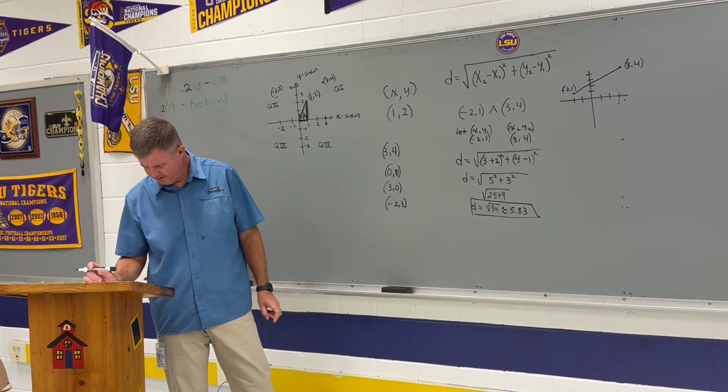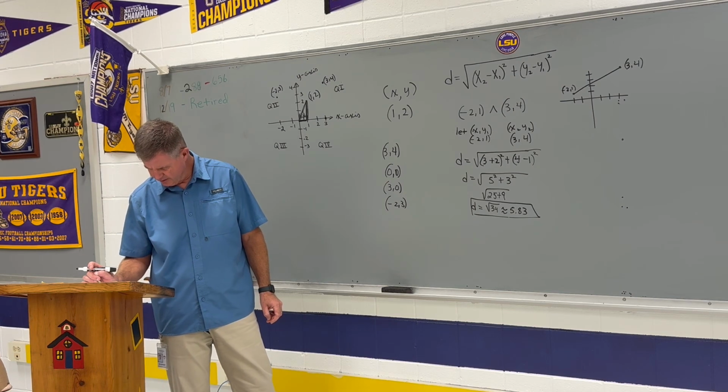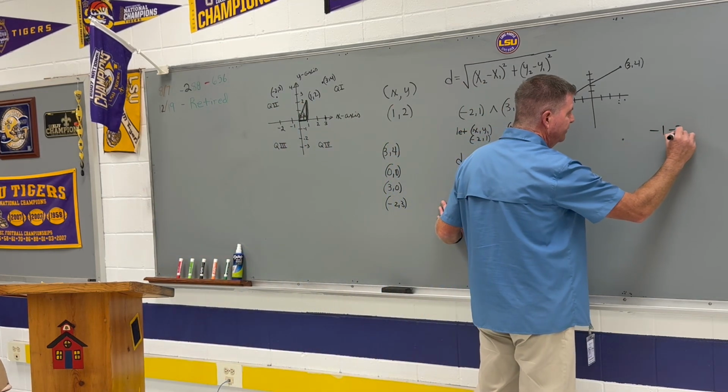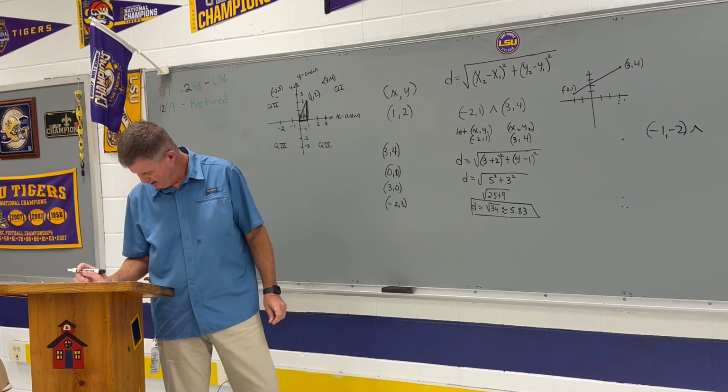Okay, suppose they want us to find the distance between two more points. Suppose the first point is (-1, -2), and the second point is going to be (3, 1).